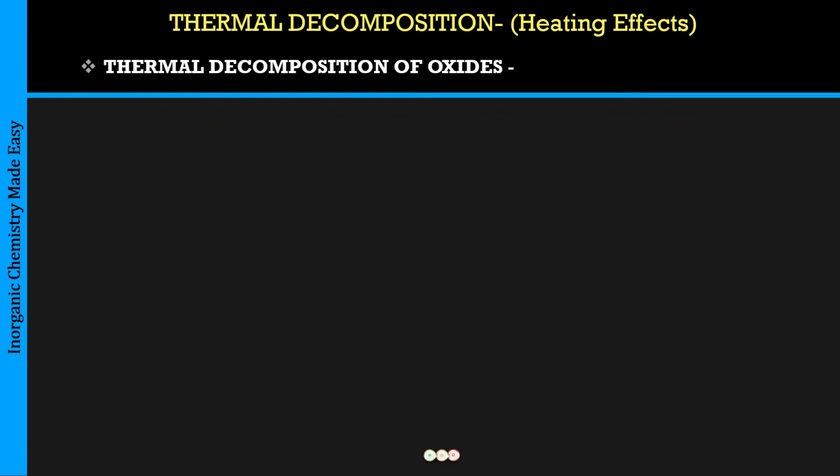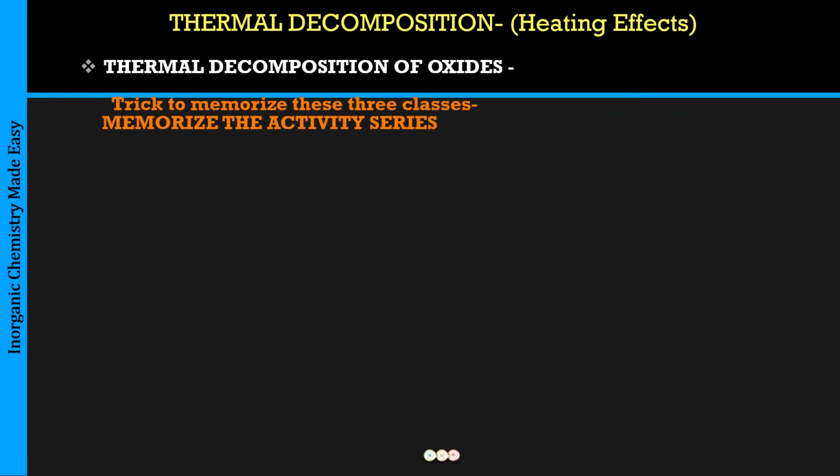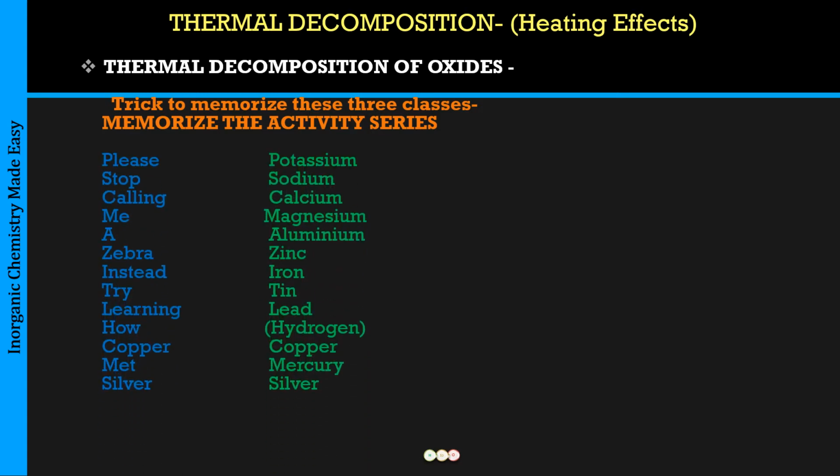Now, to make your work simpler, I am going to give you a trick to remember these three classes. The trick is that you just have to memorize the activity series for the various metals that you learned in class 10th while you were studying about the metals and non-metals. The activity series goes down from potassium, sodium, calcium, magnesium, aluminium, zinc, iron, tin, lead, hydrogen, copper, mercury, silver.